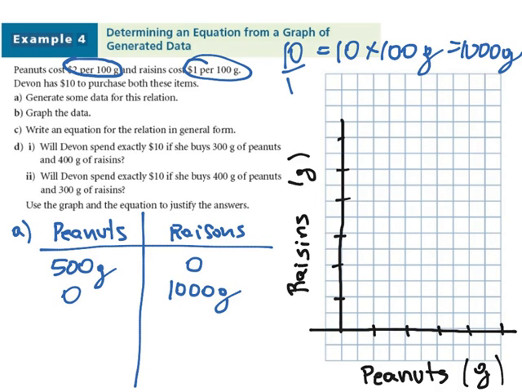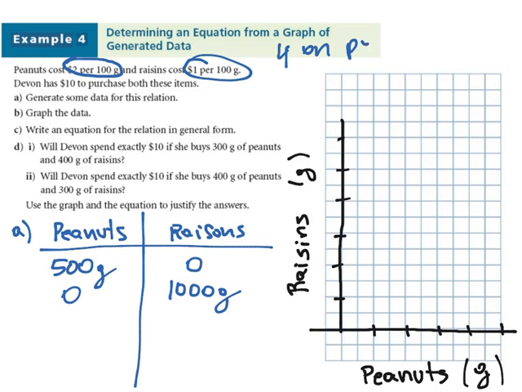We could also get other data points, for example, arbitrarily, let's say 2 bags of 100 grams, so we could spend $4 on peanuts, and that will give us 200 grams.